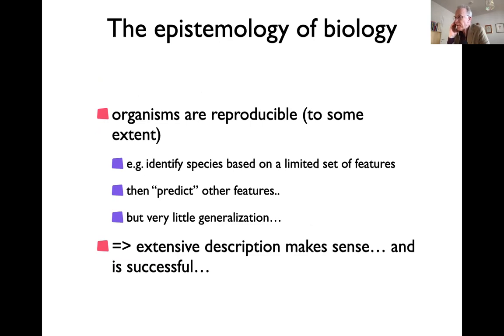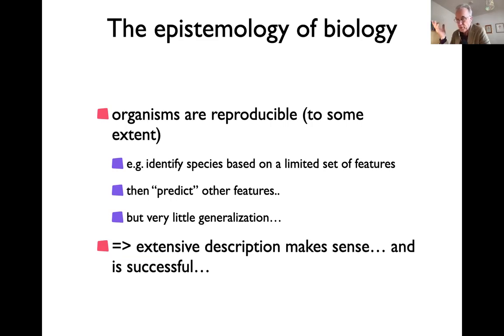Now, in biology, there's no ultimate difference, but there is a sort of practical difference. So one difference is that organisms are somewhat reproducible. That is reflected in taxonomy, that we can name different species, and we do that, for instance, for plants.